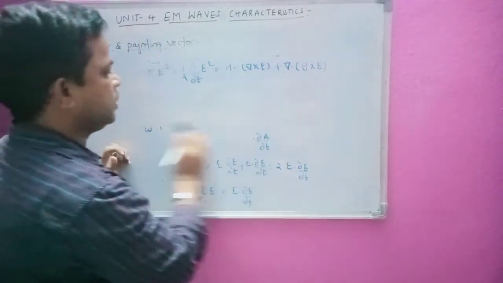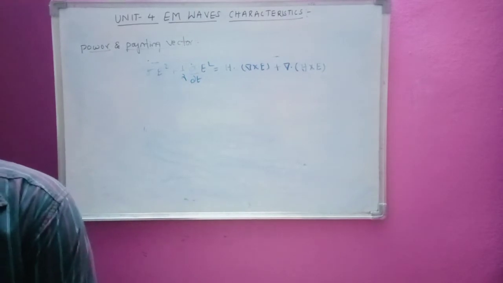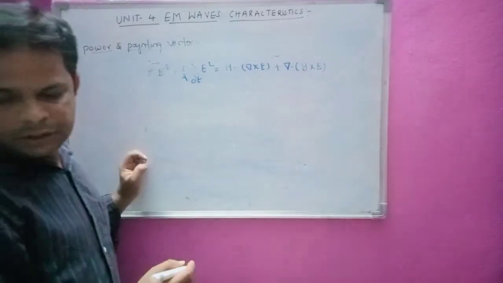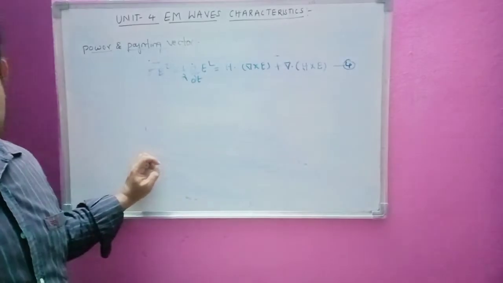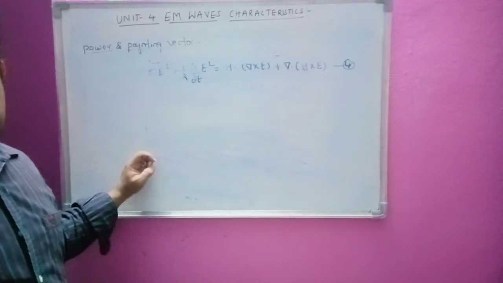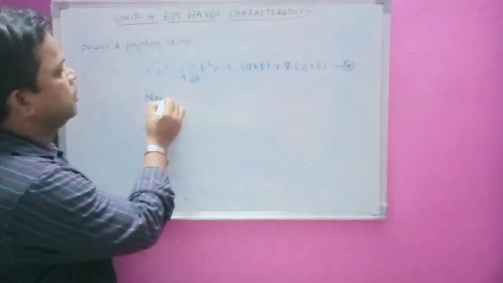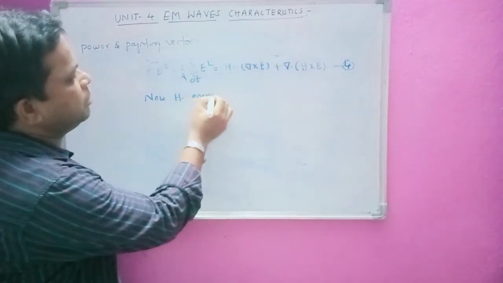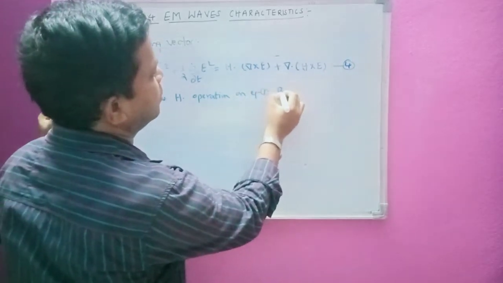Now let us take this as equation number 4. In order to simplify this equation, I will apply the H dot operation on equation 2 on both sides.